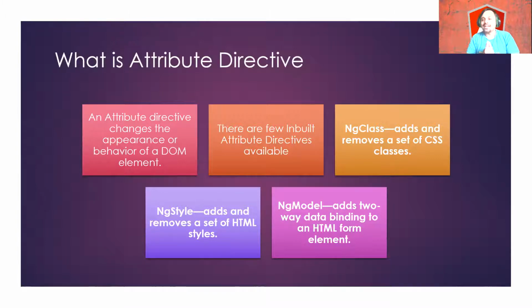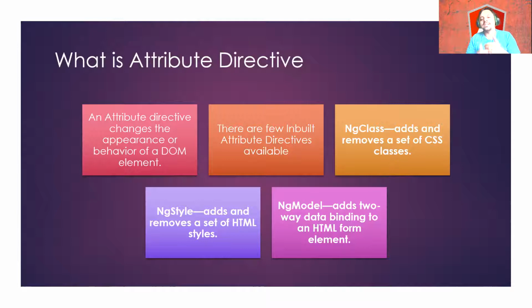So if anyone asks you what an attribute directive is: it is a directive which changes the appearance or behavior of a DOM element. There are two kinds of directives. One is the directive which is provided to you from Angular, and the other one is the custom directive.